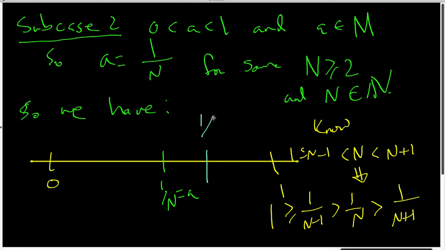What this inequality says is that 1 over N minus 1 lives on this side of A, and 1 over N plus 1 lives on that side.